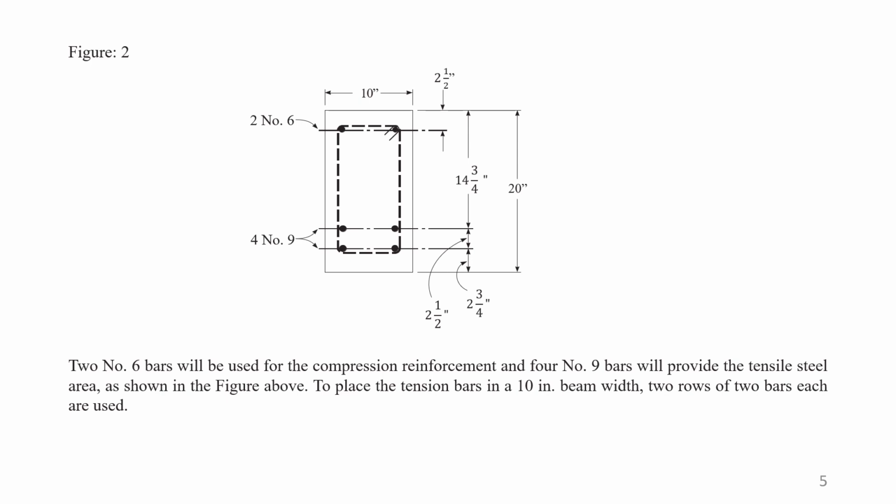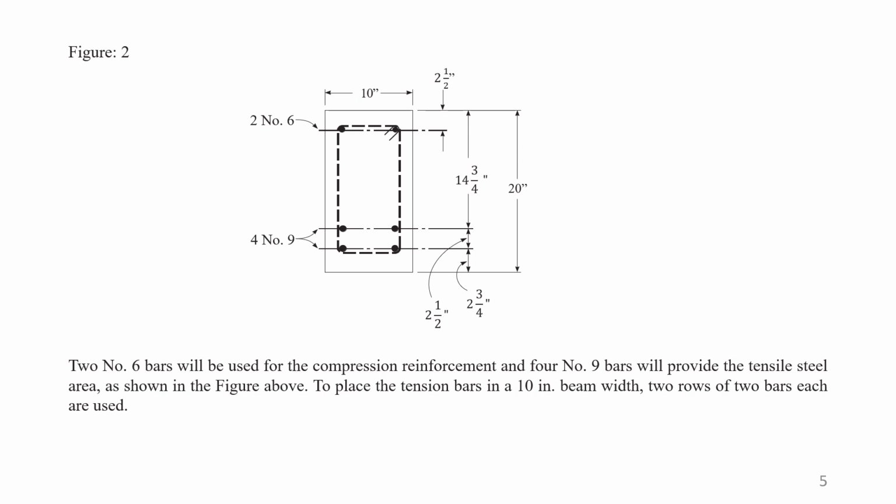For this problem solution, we will be using round bars, and we will refer to the table I gave in the previous problem and use the areas. Here at the top we need a steel area of 0.684 inches square, and if we provide number 6 bars, then 2 bars will cover this much area.